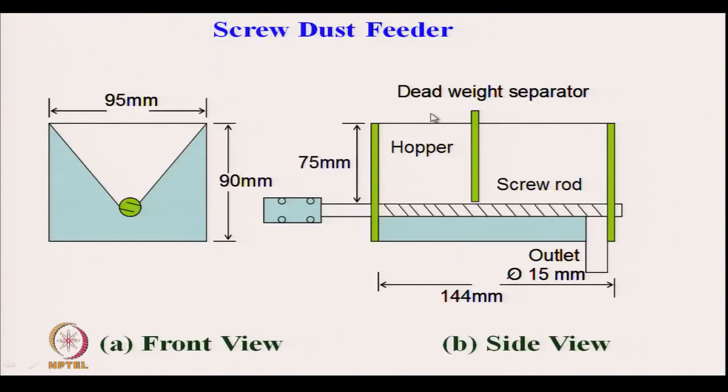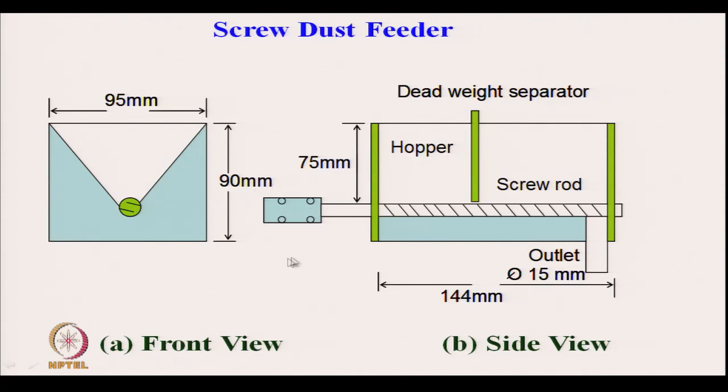Now, screw type dust feeders are used normally. This is a stepper motor connected with the screw rod. Okay, and here it is a front view, this is a side view.